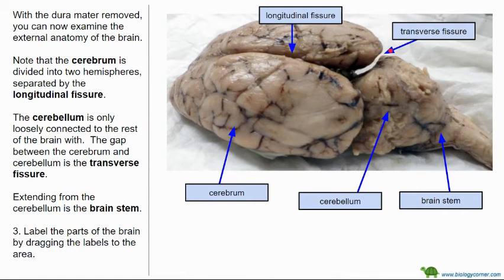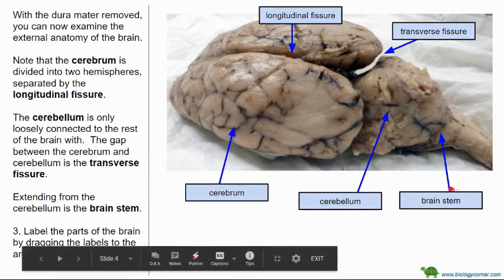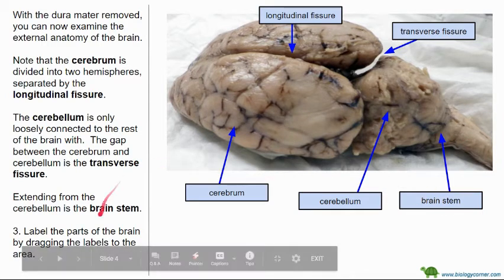What separates the cerebellum and the cerebrum is the transverse fissure. A fissure is like a crack in a system, so you can see these are the valleys that separate the 2 parts of the brain. And then posterior to the cerebellum is the brainstem. So you'd put this label there.